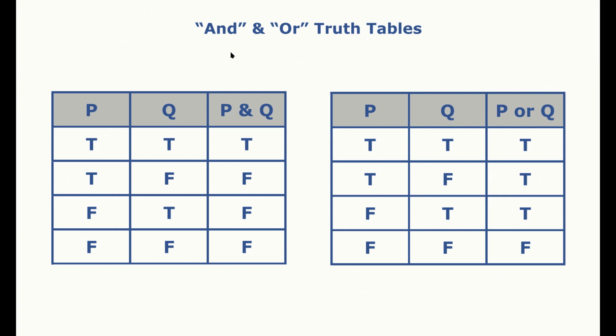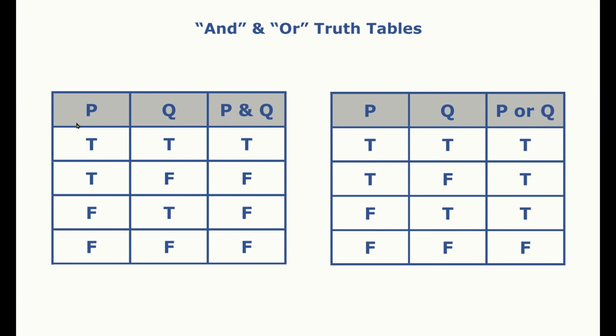One of the tools we use to understand the difference between "and" and "or" is a logical truth table. So here we have two statements, P and Q, and we want to know, depending on the true or false state of each of these statements, what kind of state will "P and Q" have.